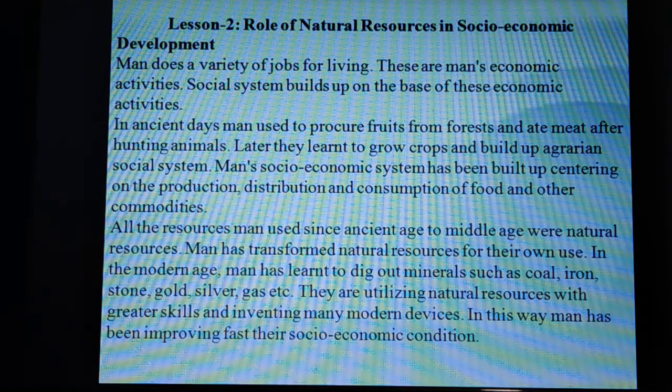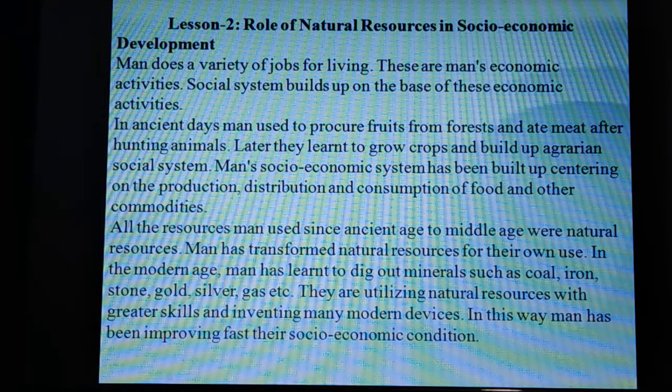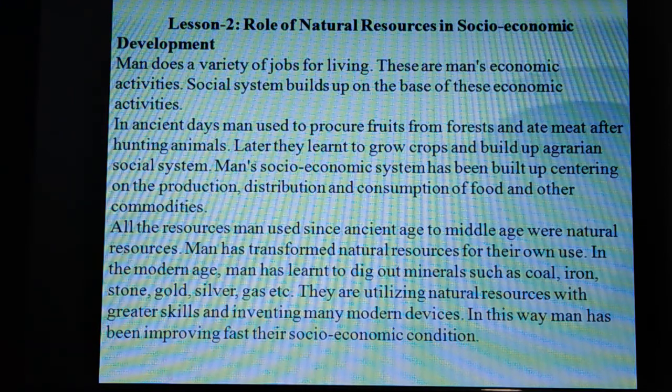In modern age, man has learned to dig out minerals such as coal, iron, stone, gold, silver, gas, etc. They are utilizing natural resources with greater skill and inventing many modern devices. In this way, man has been fast improving their socio-economic condition based on the use of natural resources.